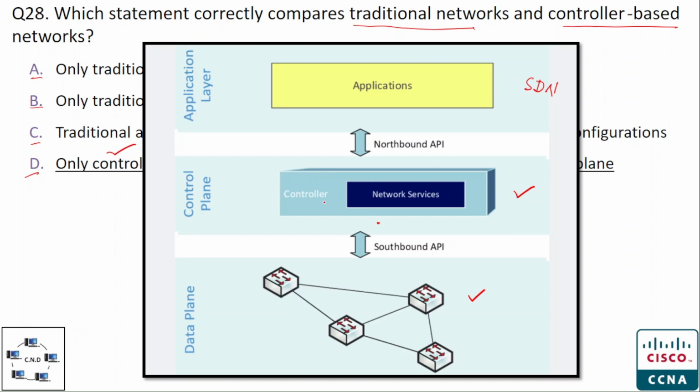So the controller here is the brain of the network that lies inside the control plane, while in the data plane we have the network switches that are configured or controlled through the controller. While in a traditional network, both the control plane and data plane reside inside the same device, such as the traditional network switches. They both lie inside the same device and they are not decoupled. In the controller-based network, they are decoupled.